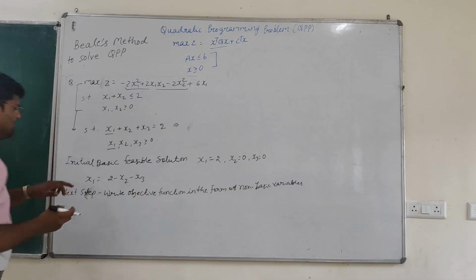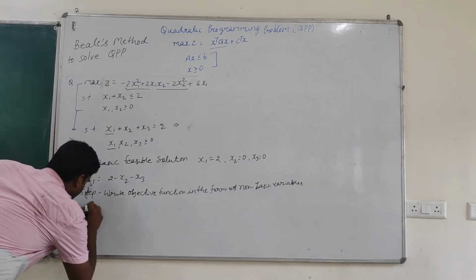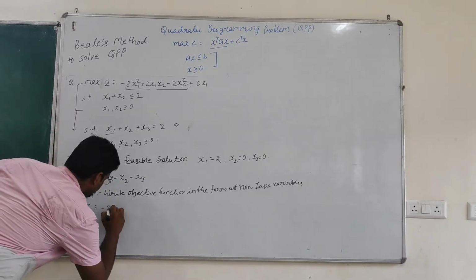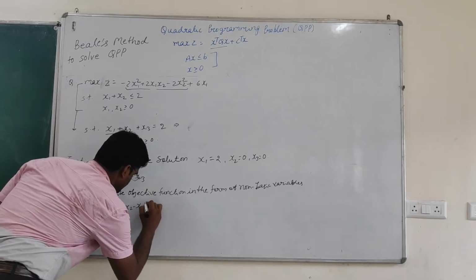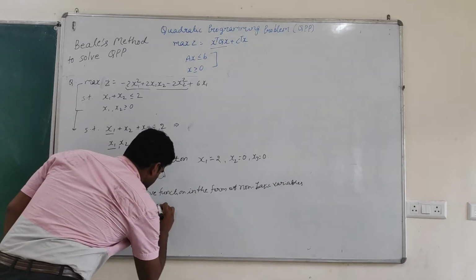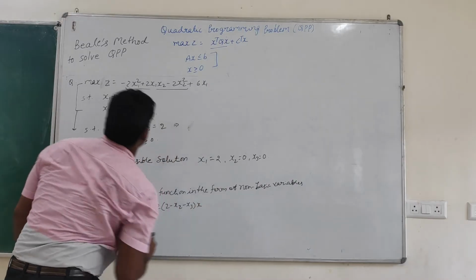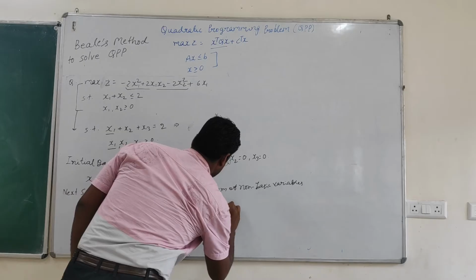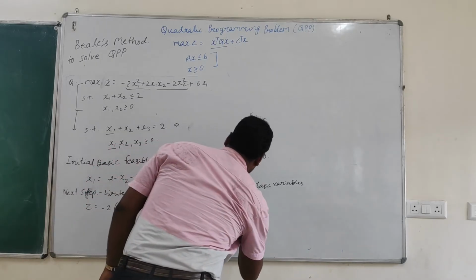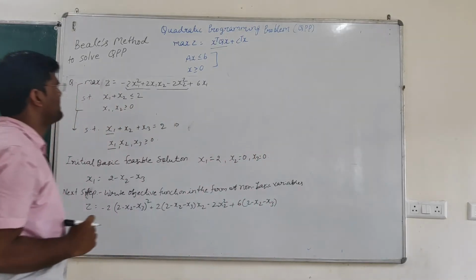Using this equation, we will put the value of x1 in our objective function and then write the objective function in the form of non-basic variables. So z will be minus 2 x1 times (2 minus x2 minus x3) plus 2 minus x2 minus x3, and then x2 minus 2 x2 times 2 minus x2 minus x3 plus 6 times (2 minus x2 minus x3). Right?